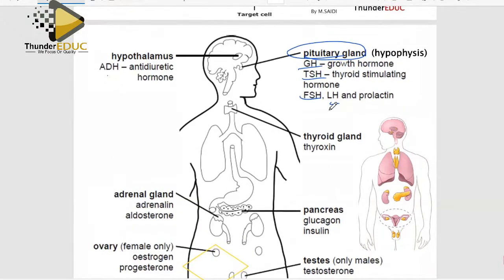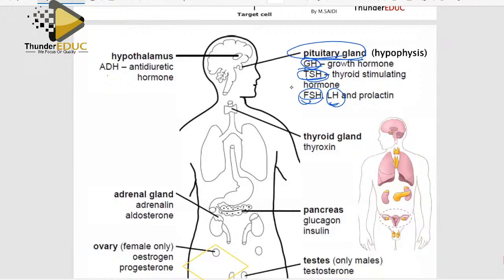Okay, number 2. We need to know that the pituitary gland produces GH, which is called the growth hormone, thyroid stimulating hormone, follicle stimulating hormone, and luteinizing hormone.